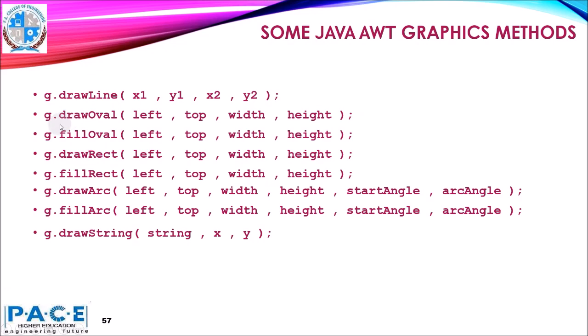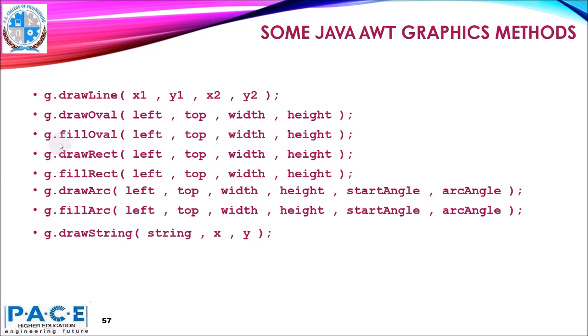Then the next method is drawOval. In this we can draw an oval shape and we need to specify the enclosing rectangle. So we specify the top left corner of the enclosing rectangle and then the width and height of the rectangle. This oval will be drawn hollow, so only the outline boundary will be there.